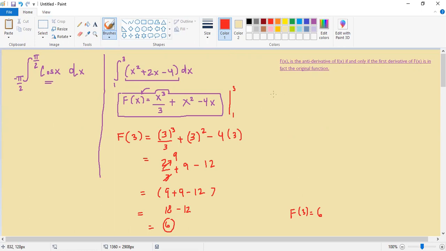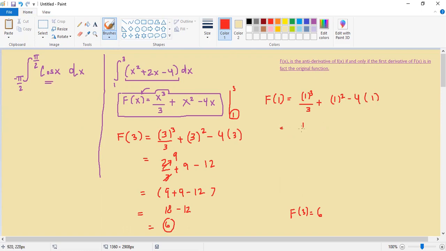And of course, we would want to find f of 1 as well, which would be our lower region. F of 1 would be the antiderivative with the input 1. So it would just be 1 cubed over 3 plus 1 squared minus 4 times 1.